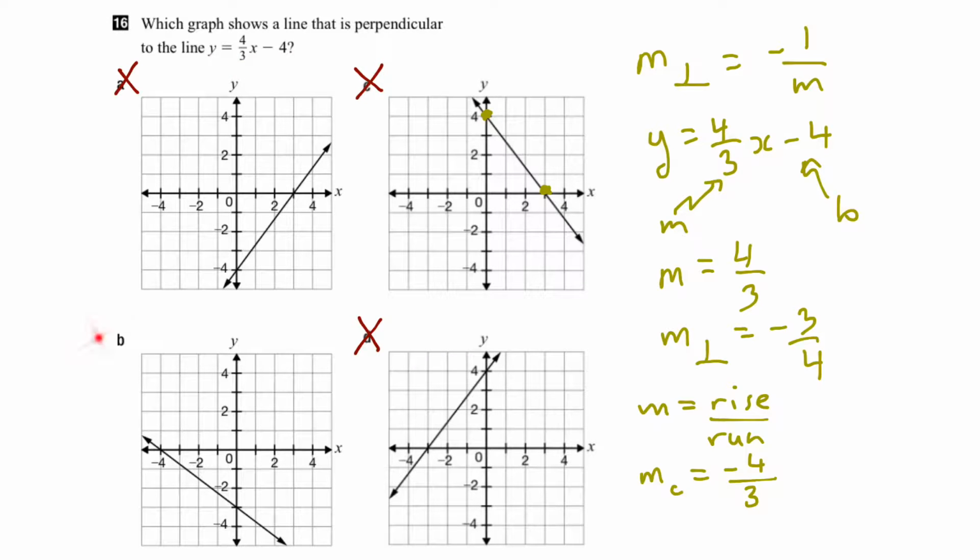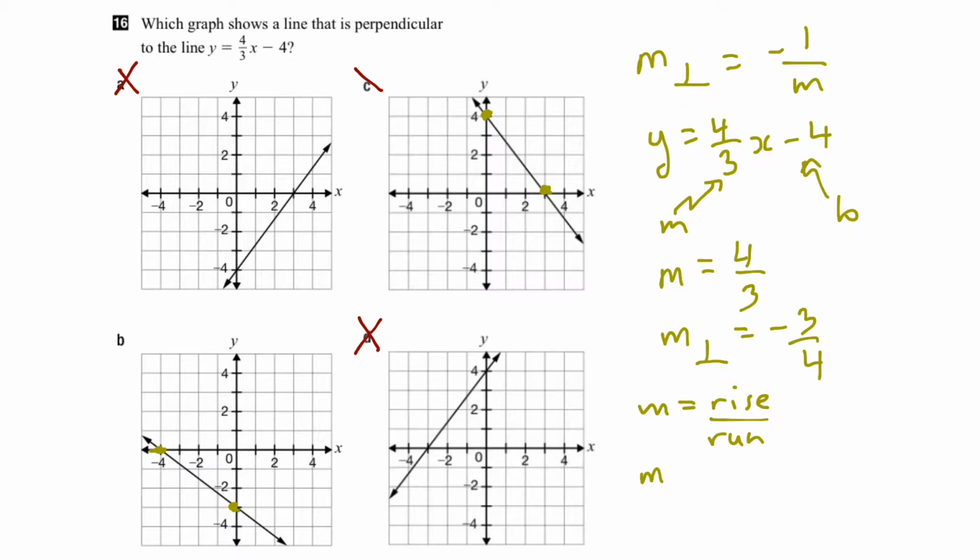So it looks like B is going to be our answer, but let's double check to make sure. So let's take a look at the rise and the run between this point here and this point here. We can see that we're going to be going down 1, 2, 3, and then over 1, 2, 3, 4.